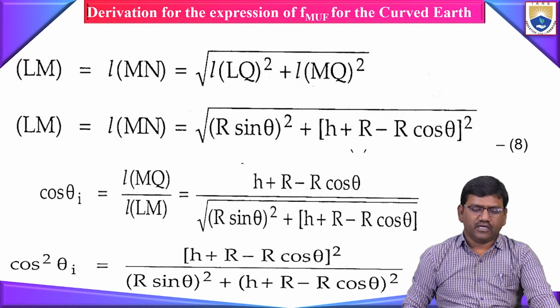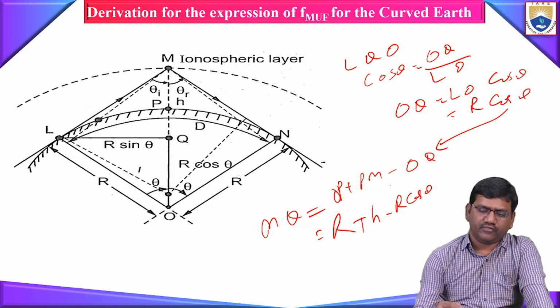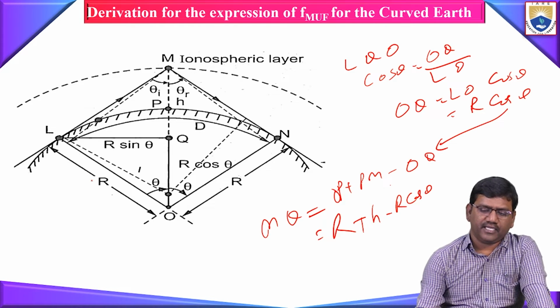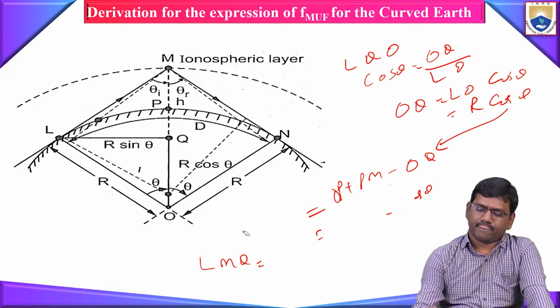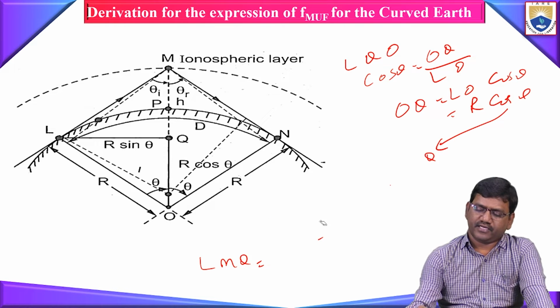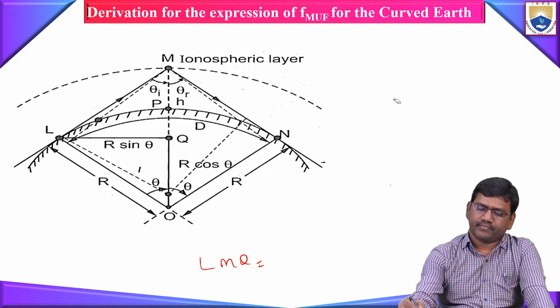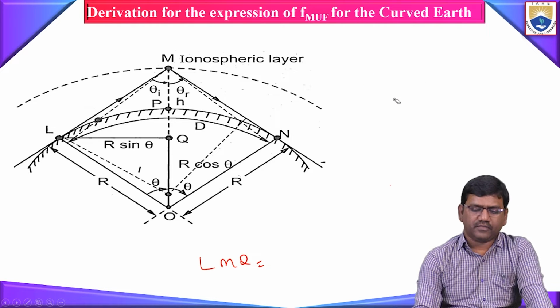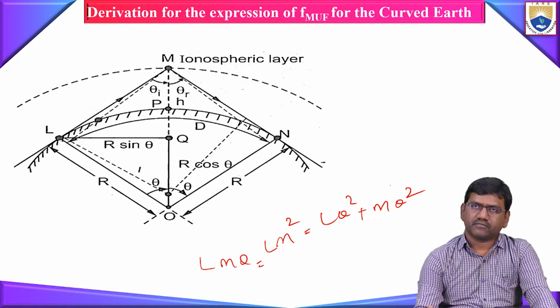We can also find out the value of LM through the Pythagoras theorem, by assuming the triangle LMQ. If we apply the Pythagoras theorem to this triangle LMQ, from the figure you can write LM square is equal to LQ square plus MQ square.